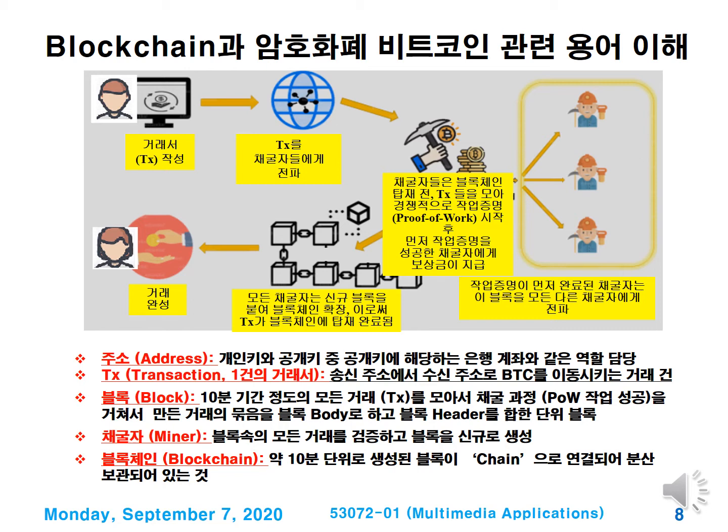So when each node receives the new block, they first check whether the proof of work was successfully done. It's easy to check the block hash value.